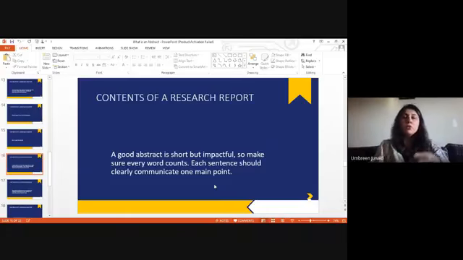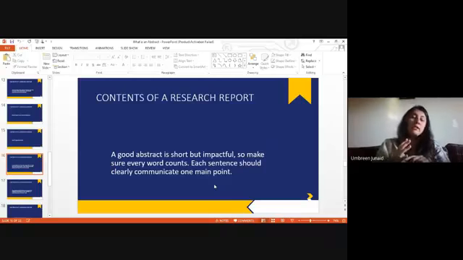So in the process of making your document smaller, you sometimes miss the important information, and that is a wrong step. So you shouldn't do this. So basically, try to make sure that each and every word counts, meaning whatever you write in your abstract, each and every word has a meaning of its own.